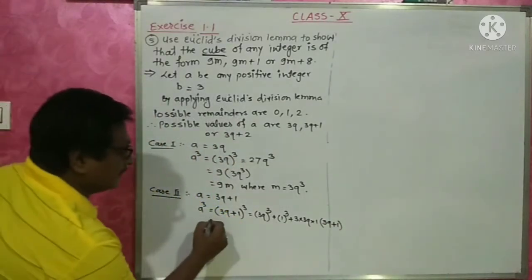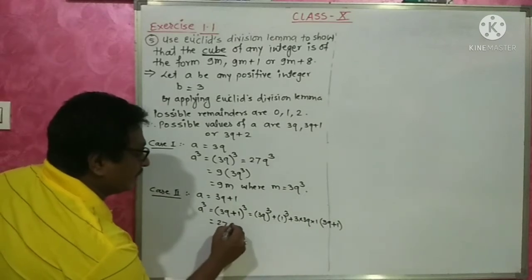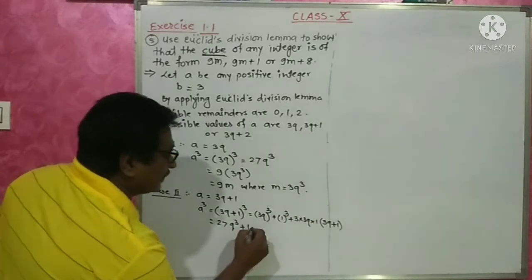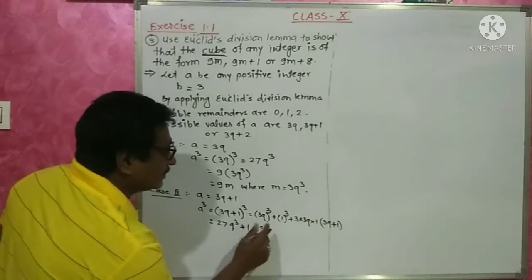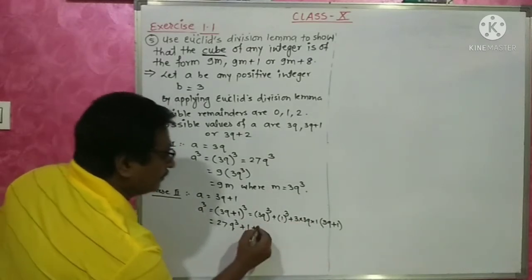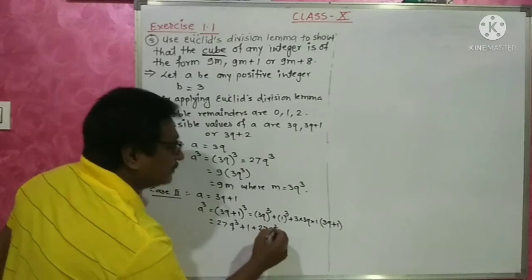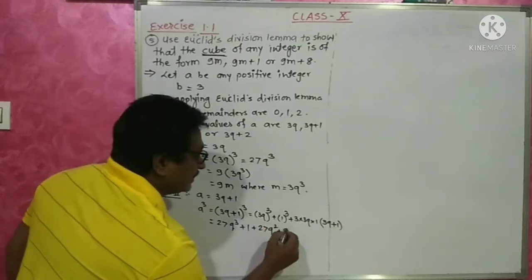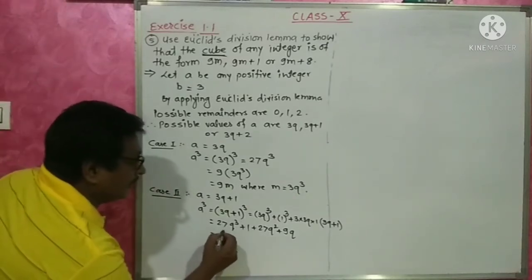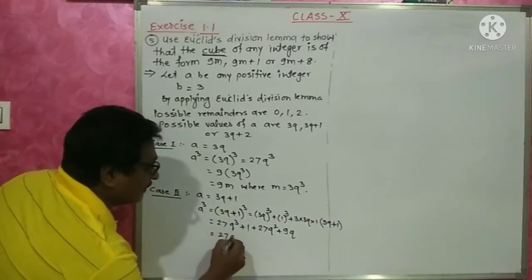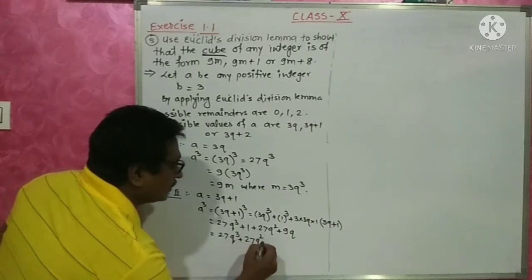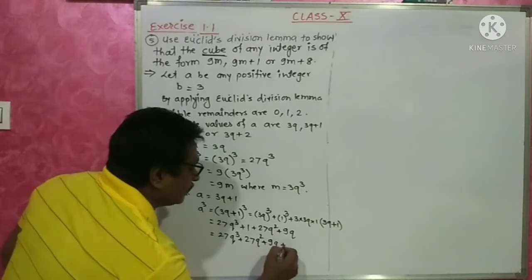Okay, so simplify that: 27q cube plus 1 plus this 9q into 3q, means 27q square plus 9q. So now 27q cube plus 27q square plus 9q plus 1.